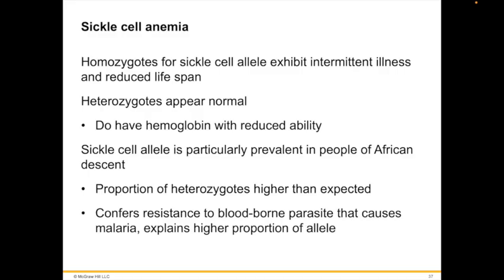So in Table 13.2, it gives you the disorder, the symptom, the defect, whether it's dominant or recessive, and even whether it's X-linked or not, and the frequency among human births, not to mention particular groups of people who are more affected than others with those disorders that are genetic.